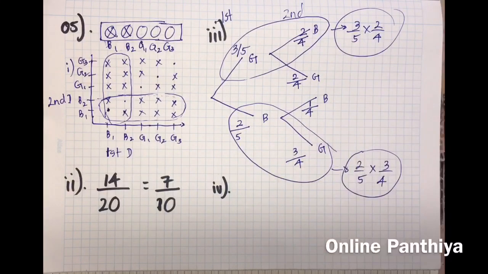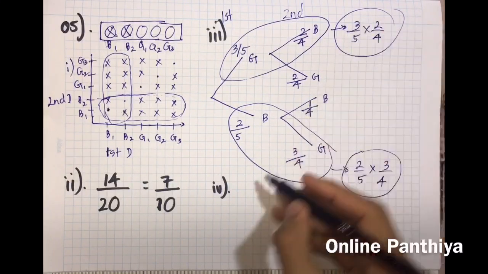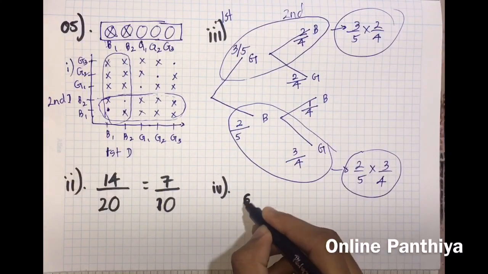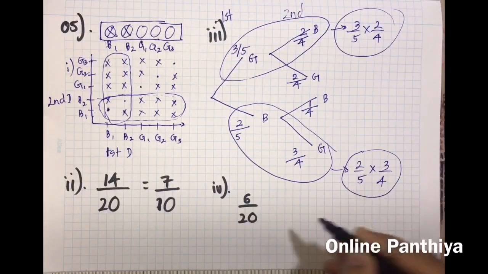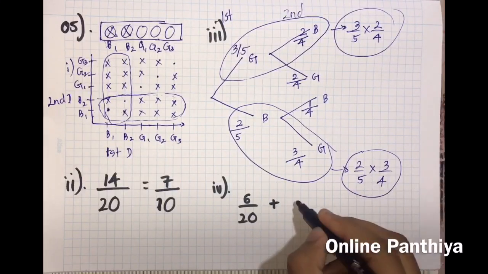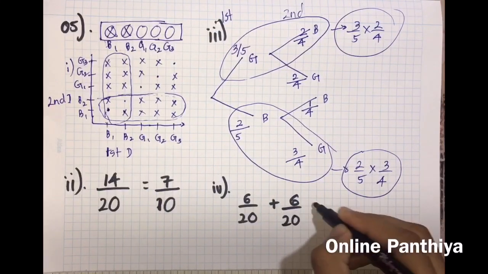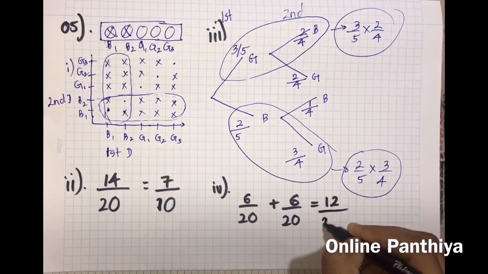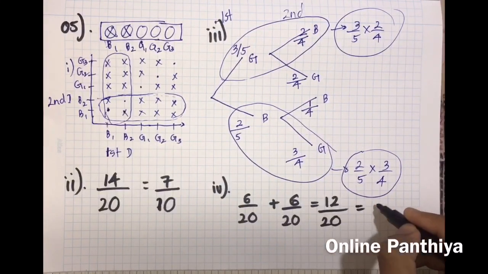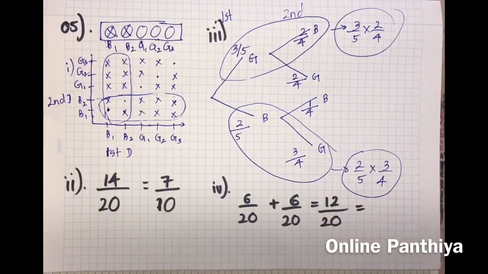So if you simplify this, you get 6 over 20. You have to add plus 6 over 20. That is going to give me how much? 12 over 20. Further simplifying will give you 6 over 10 and 3 over 5. Okay, 3 over 5. This is the final answer you get.